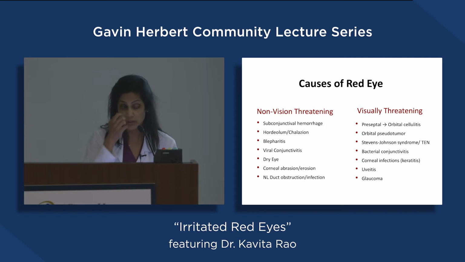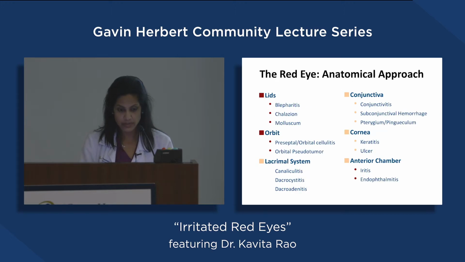Sometimes we admit people to the hospital for this condition as well. And then there's this thing called orbital pseudotumor. It's also inflammation of where the eye itself sits. Stevens-Johnson syndrome, it's a reaction from certain medications. Bacterial conjunctivitis and infections on the surface of the eye. And also uveitis, inflammation inside the eye, and glaucoma can cause a red eye also.